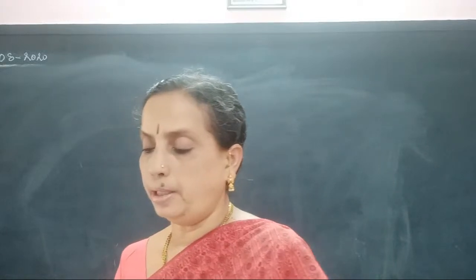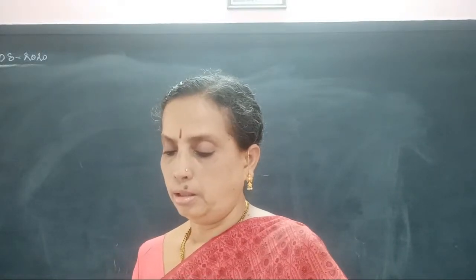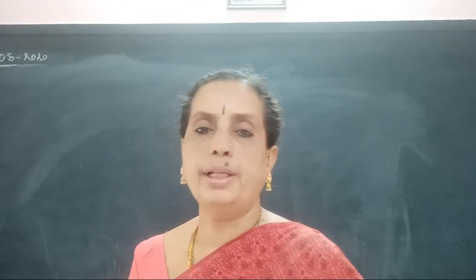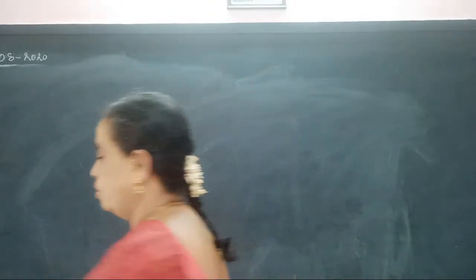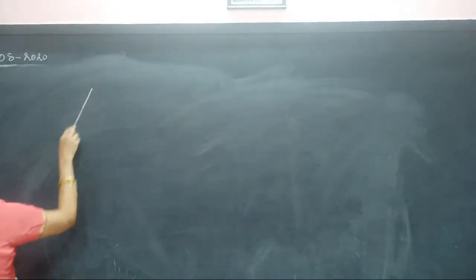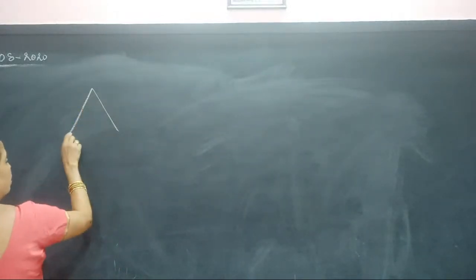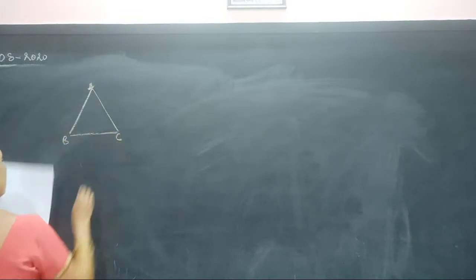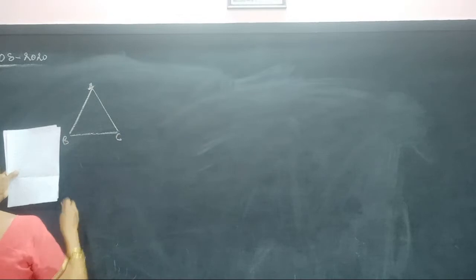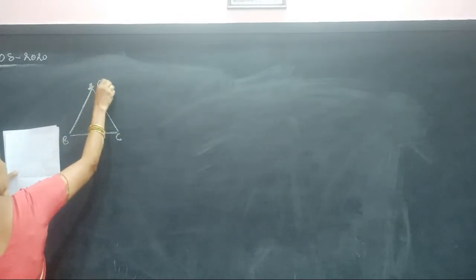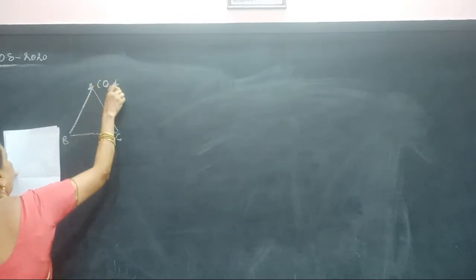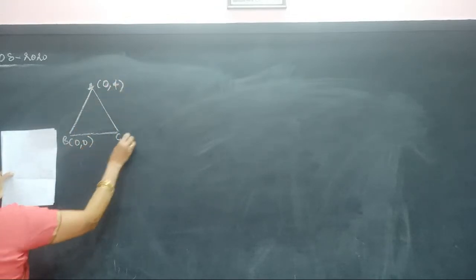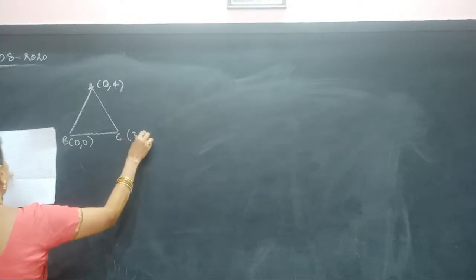Find the perimeter of a triangle with vertices given. So perimeter means distance around the figure. We have to sum AB plus BC plus CA, where the vertices are (0, 4), (0, 0) and (3, 0).